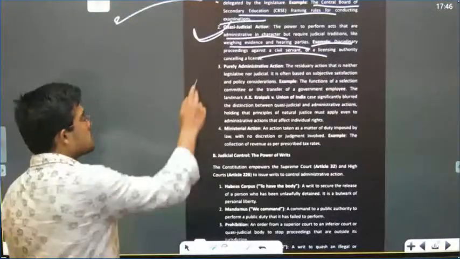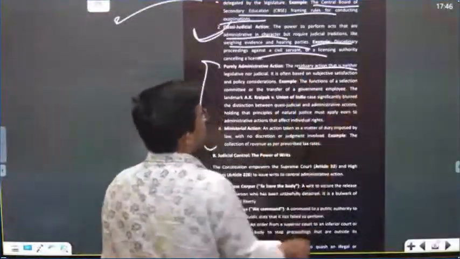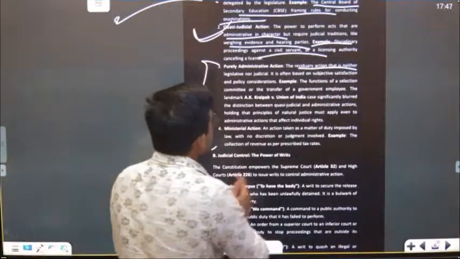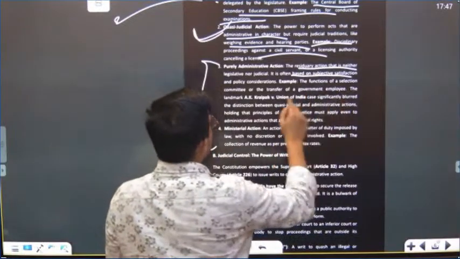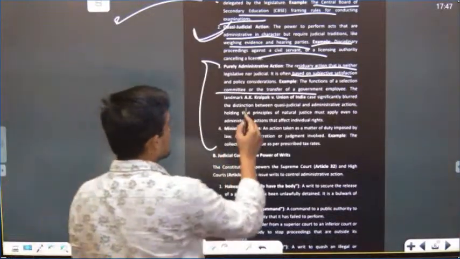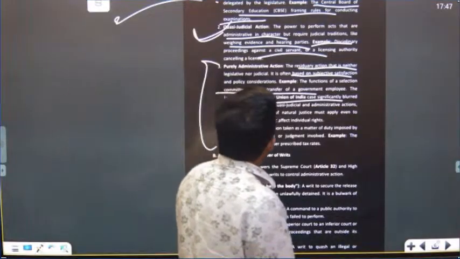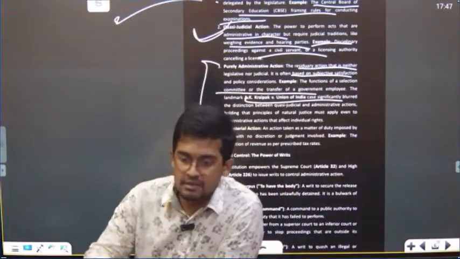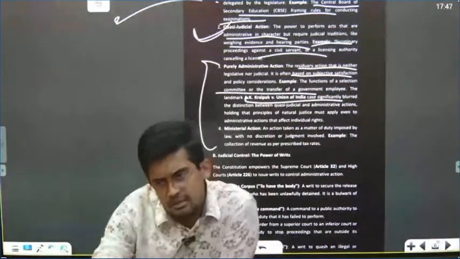Then come purely administrative actions, the residuary action that is neither legislative nor judicial. For example, the functions of a selection committee or transfer of a government employee. See, this particular case law, A.K. Kraipak versus Union of India. For example, appointment: who to appoint if they want to transfer somebody or appoint people? There is an appointment committee.